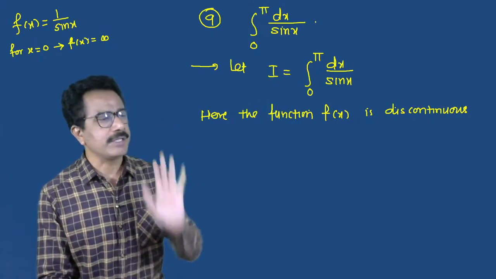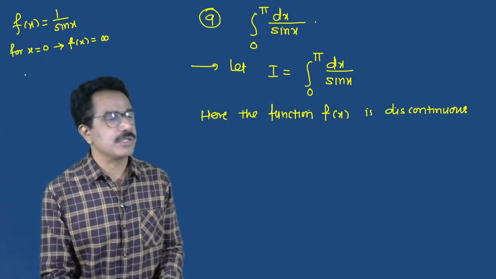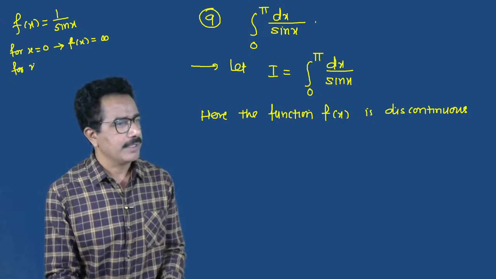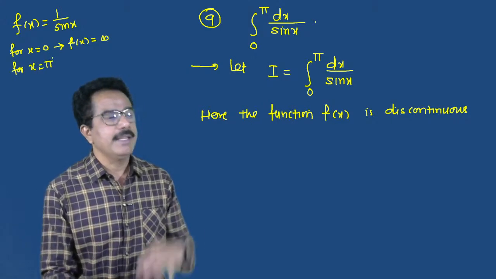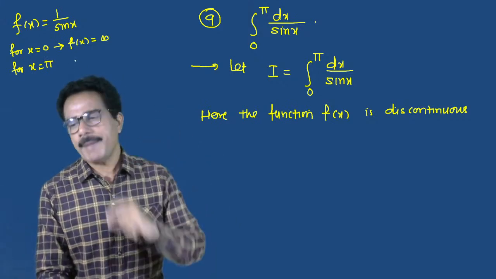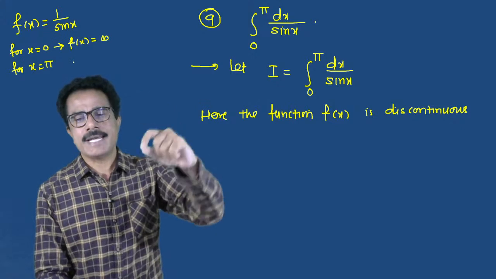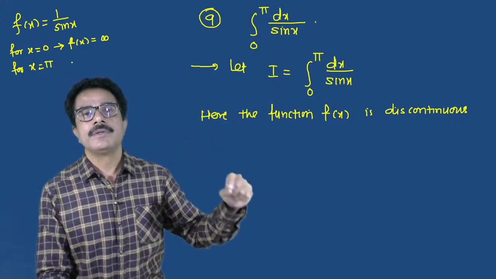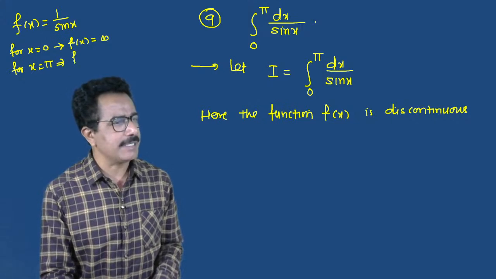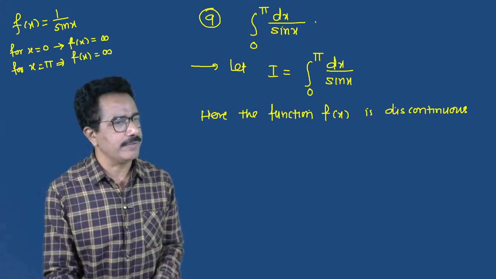That means it is discontinuous at x equals 0. If we put x equals pi, then 1 by sin pi, the value of sin pi is 0, so 1/0 means infinity. This implies that f of x equals infinity.